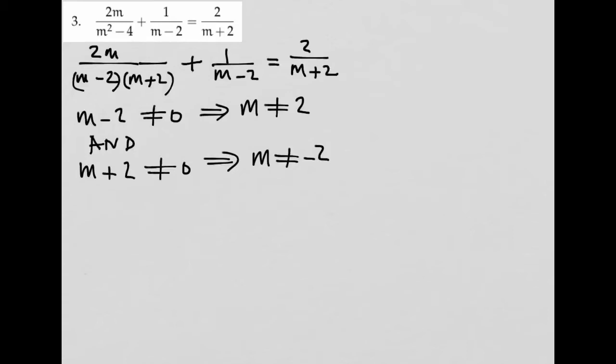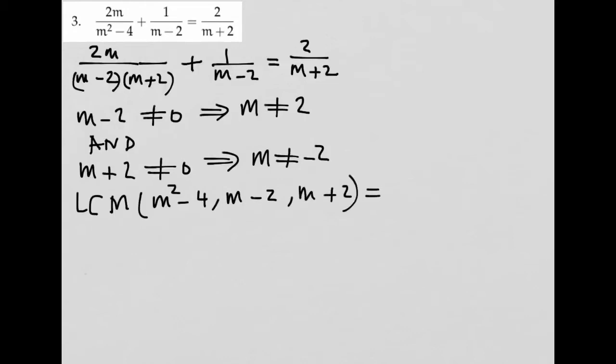Also notice that the LCM of m squared minus 4, m minus 2, and m plus 2 is m squared minus 4. That is the least or the simplest expression that is divisible by m squared minus 4, m minus 2, and m plus 2.